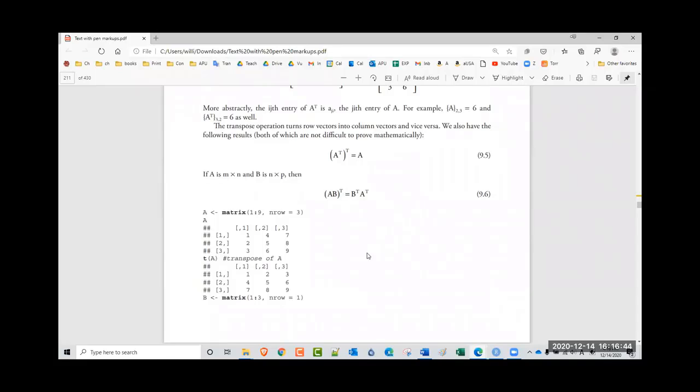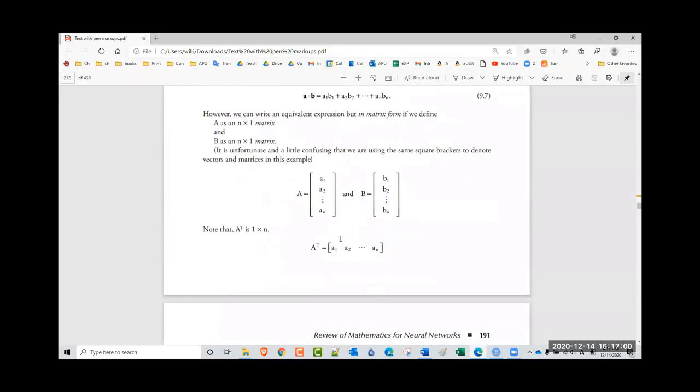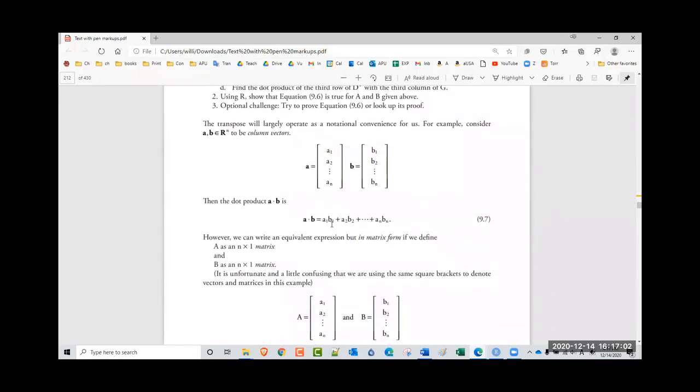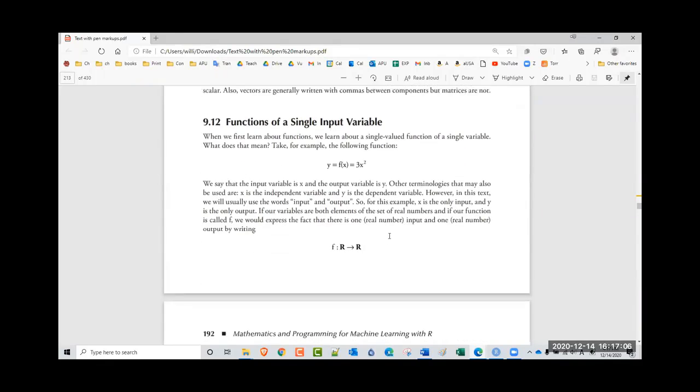We have to remember that AB is not the same thing as BA. Matrix multiplication is not the same as regular number multiplication, where you can take two numbers and switch the order and still get the same thing. We have the dot product here, and that's important for matrix multiplication.